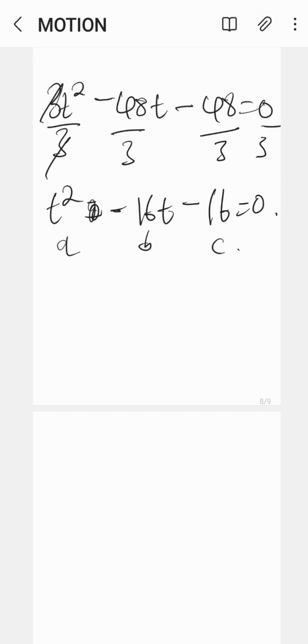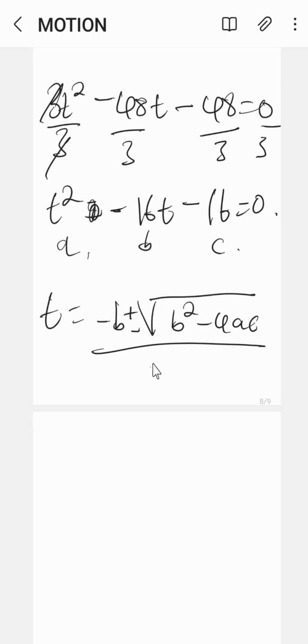Sum and product might not be conducive because the values are not going to work out. So we can settle for the quadratic equation. So t is going to be negative b, positive or negative. I hope you remember this quadratic equation. That will be that. So our t is going to be, what is our b?